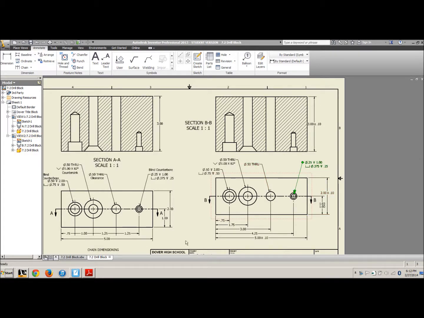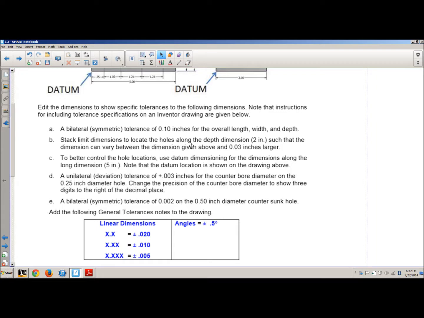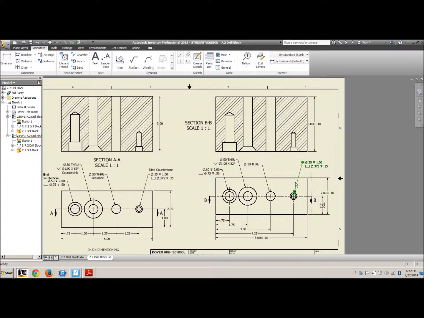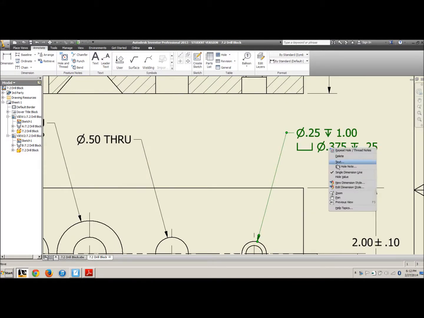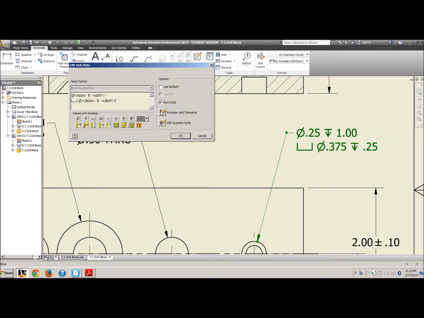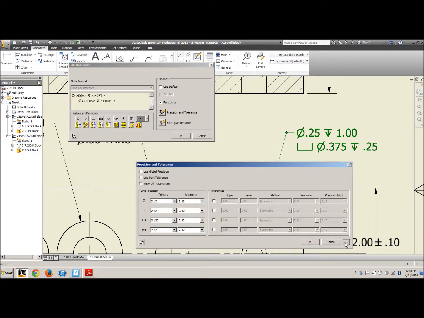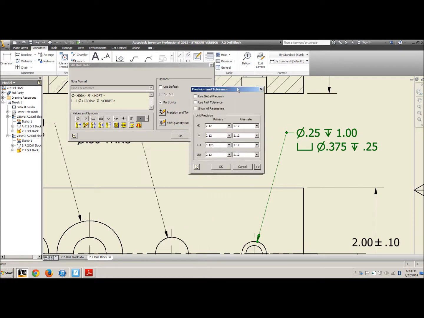Alright, let's see what the next one is. The next one we want to do is put a unilateral. Now in Inventor that's called a deviation, that goes plus 0.03 of an inch to the counter bore diameter on the 1/4 inch hole. And of course we have to show 3 decimal places. I think we already did the show 3 decimal places. So if I edit this hole note and I do the precision and tolerance, okay, when we first open this up, this is what we see.